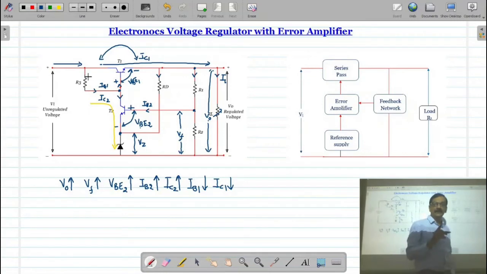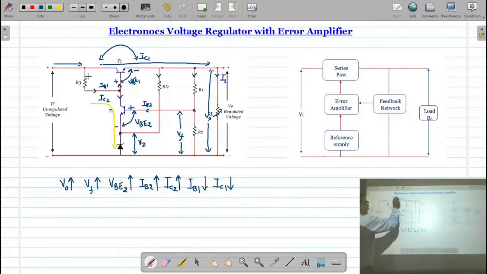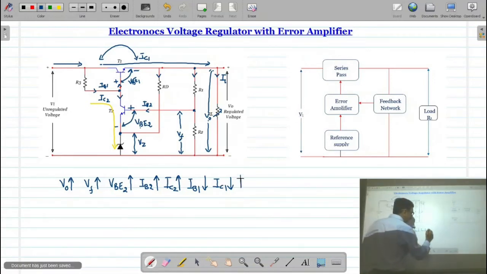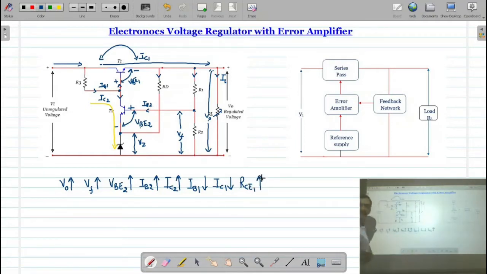In the case of the series resistance, I already explained how the resistance between the collector and emitter is going to change. So if the collector current decreases, then the resistance between the collector and emitter, RCE1, is going to increase.